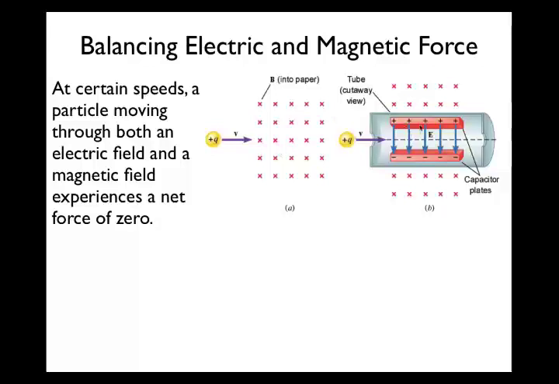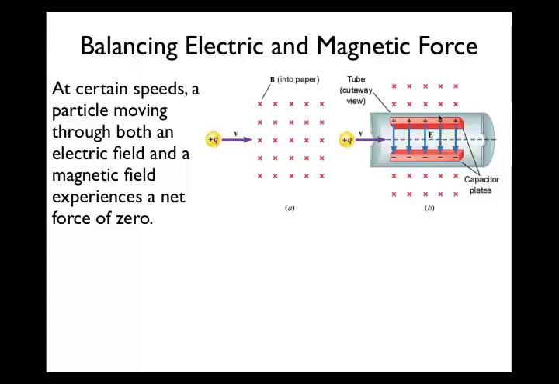If I, however, put that magnetic field in the same place where I get an electric field, say from a parallel plate capacitor, and that electric field is directed downward so that it would push a positively charged particle downward, then it's possible that the magnetic force on the particle in the upward direction and the electric force on the particle in the downward direction would balance each other, and the net result would be that the particle would pass on through this system without its trajectory being affected in any way.